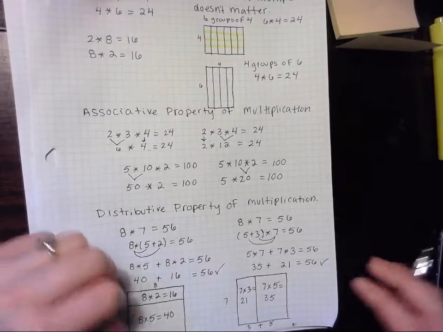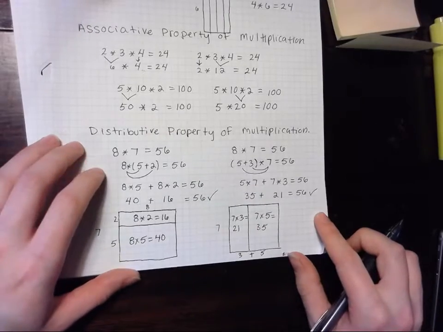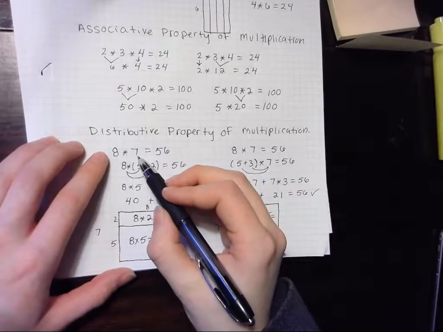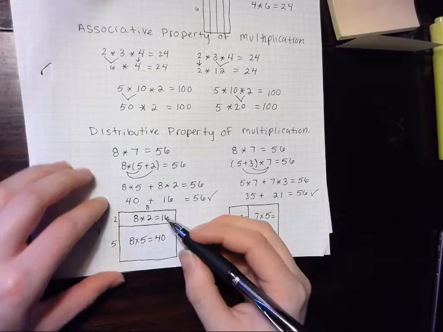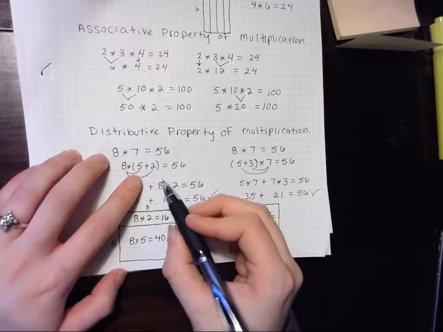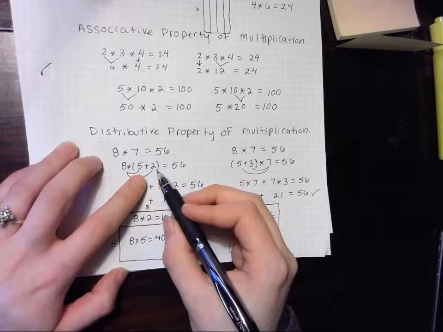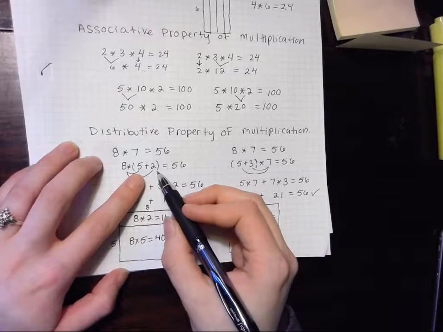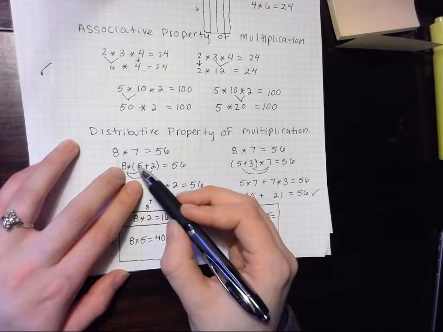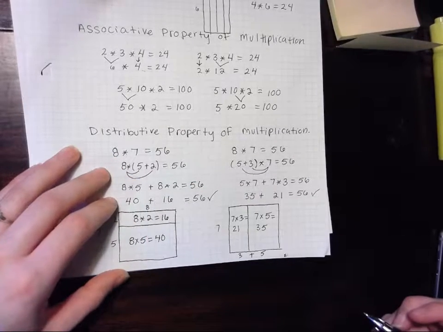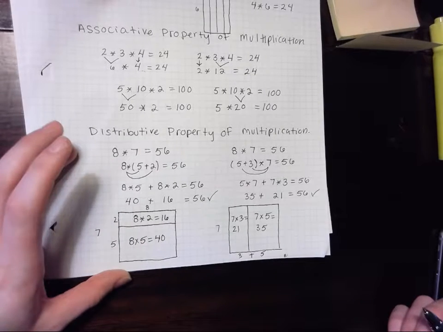And the very last one, the distributive property of multiplication, says that if you have a multiplication problem and you take a number and you break it down into two numbers that add up to it, like 5 and 2, you can take the number that you're multiplying it by and multiply it by both of those numbers that you are adding, and you get the same number.